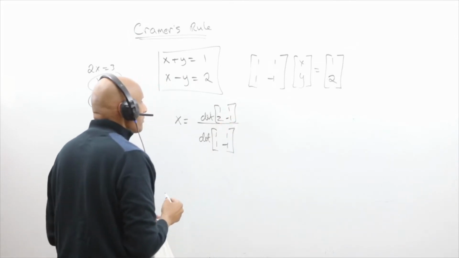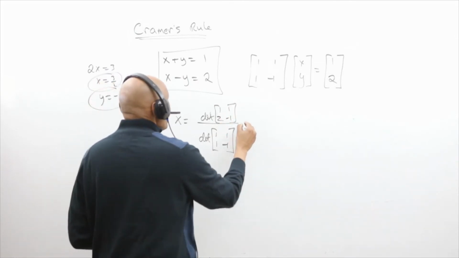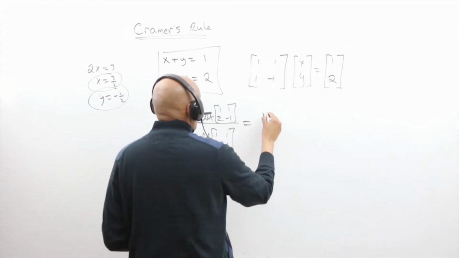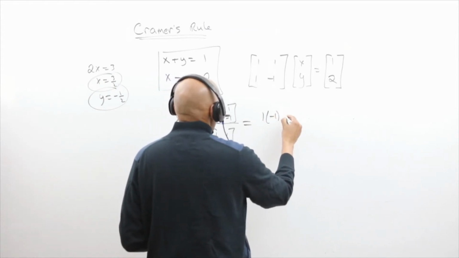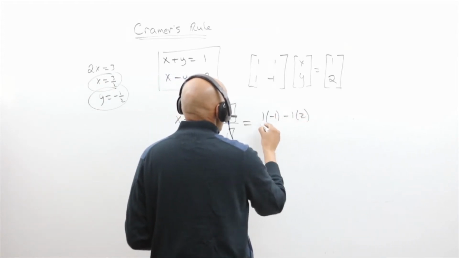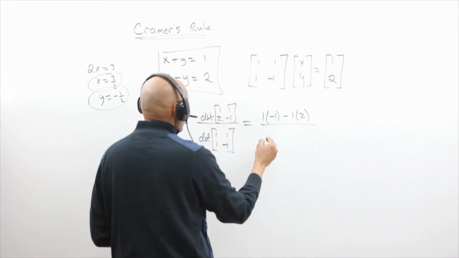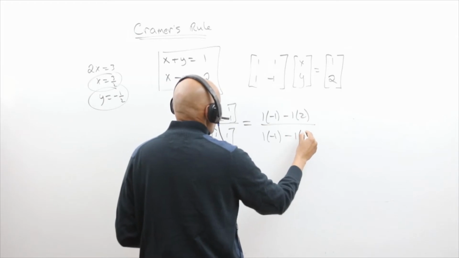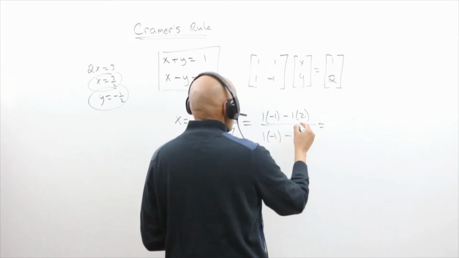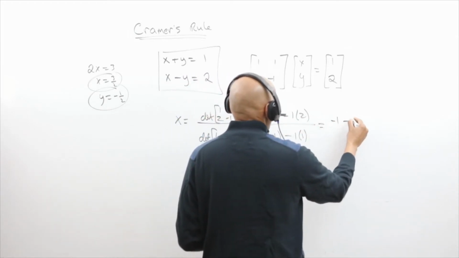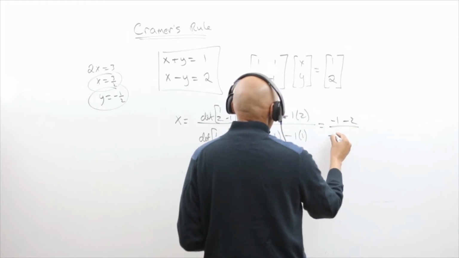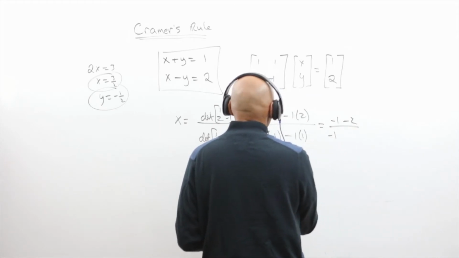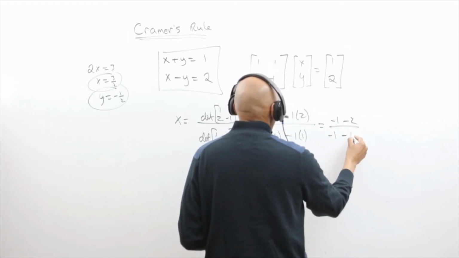So we're replacing the first column for x. So this is equal to 1 times minus 1 minus 1 times 2, over the difference between diagonals, 1 times minus 1 minus 1 times 1. So we'll see this as minus 1 minus 2, and this is minus 1 minus 1.